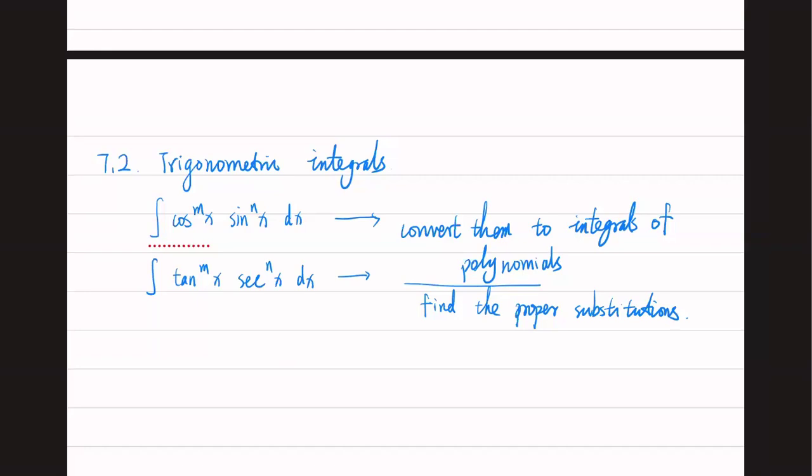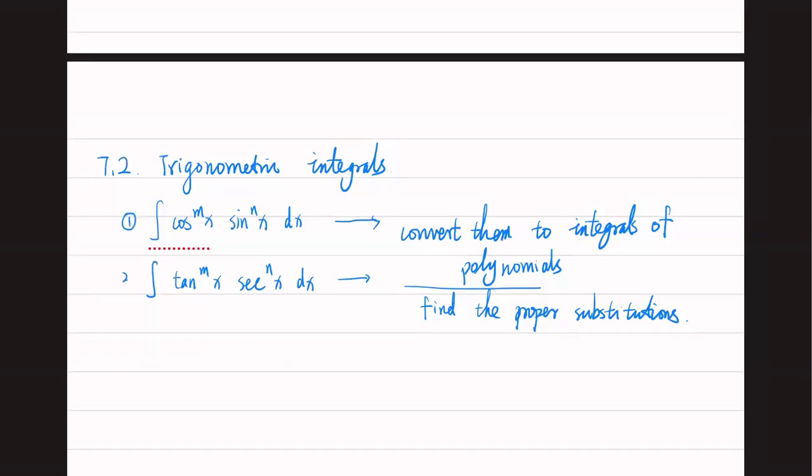So for the first one, if one of the powers is odd, 3, 5, 7, we split one off, and let's give it a substitution. Okay.